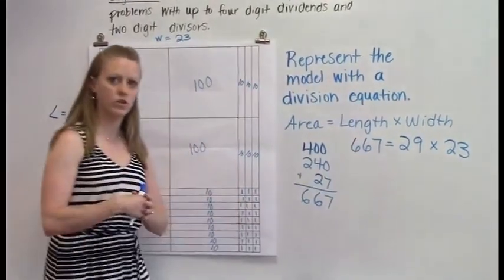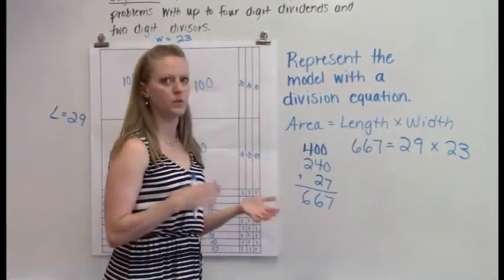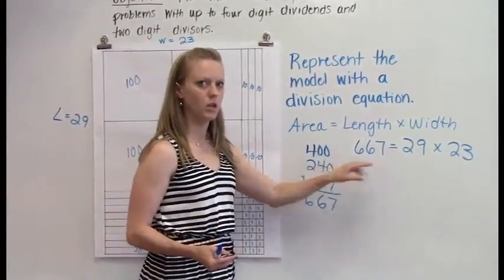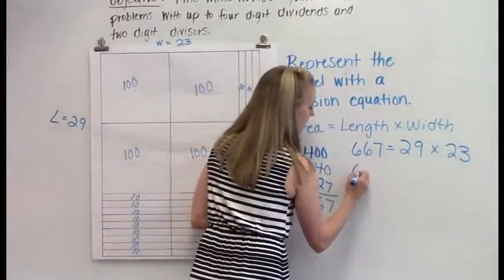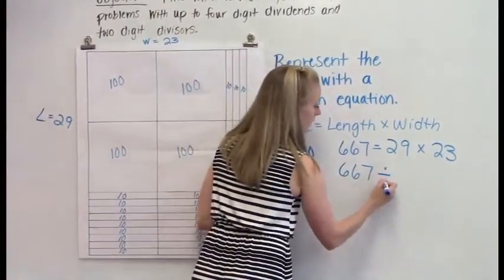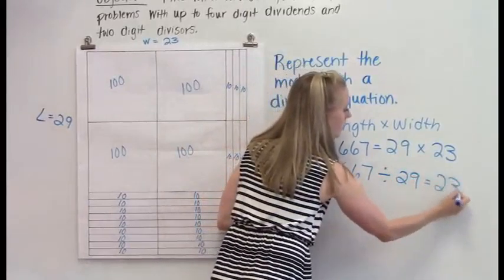And then your student or your child just has to use their prior knowledge of the relationship between multiplication and division to turn this into a division equation. There are two possible correct answers for this one. You could start with the area, 667 divided by 29 is equal to 23.